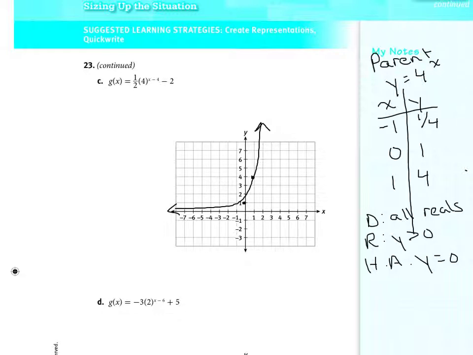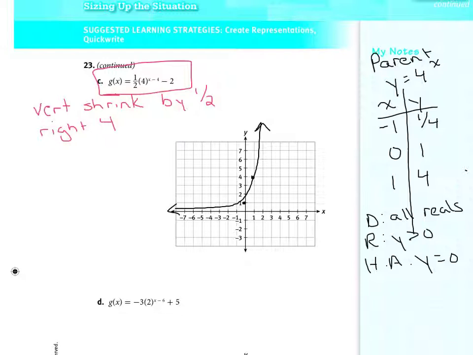Now let's talk about the transformations that we see. What does the 1/2 do? Well, that's a vertical shrink by 1/2. In other words, we're going to take half of all of our y values. What does the minus 4 do from when it's x minus 4? Well, that's going to move me right 4.